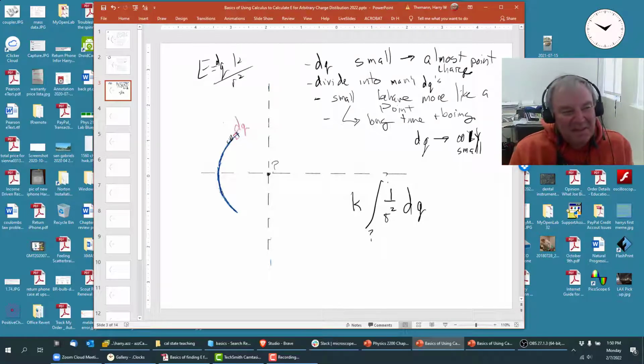So far, we just have a concept. So, gosh, now what can we do? What we have to do is figure out how to make dq into something that we can integrate.